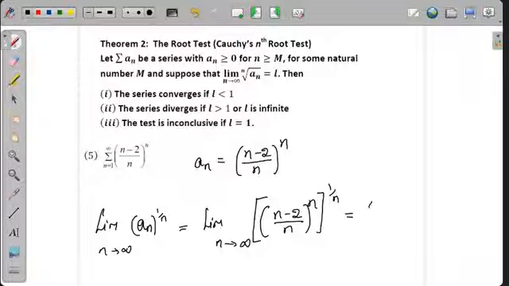Okay, and this becomes limit n goes to infinity of (n minus 2 by n whole power n) whole power 1 by n.